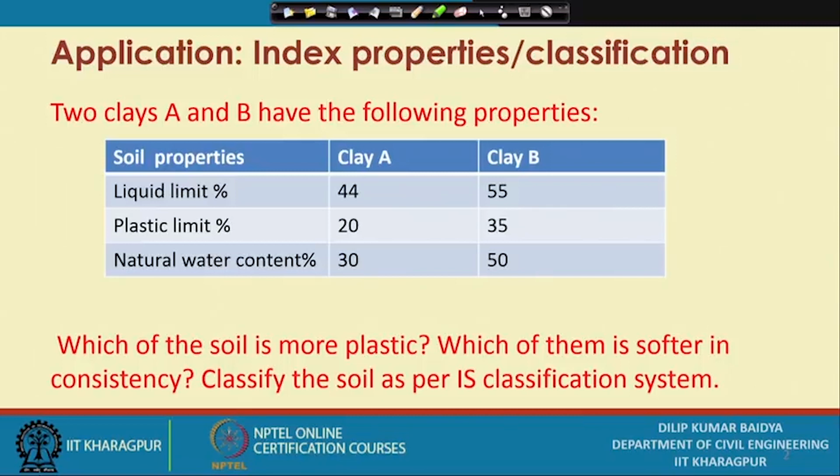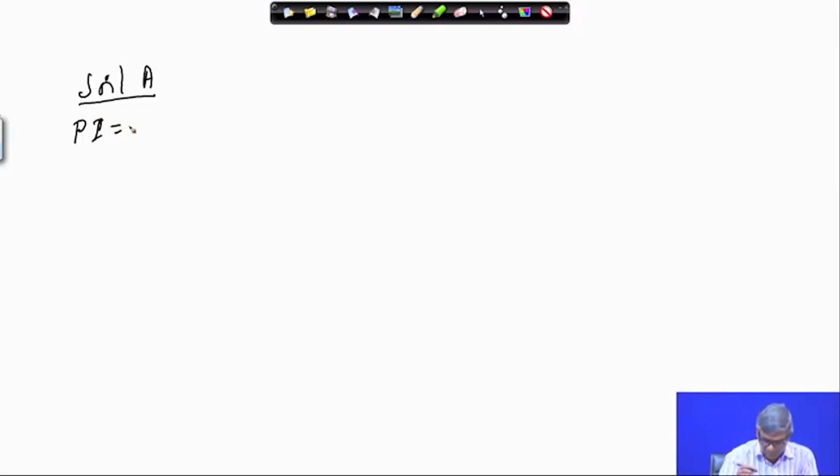For this, as I have discussed before in the first week, the classification of soil. If I consider soil A, it has PI equal to the difference between liquid limit and plastic limit, and that is 24.